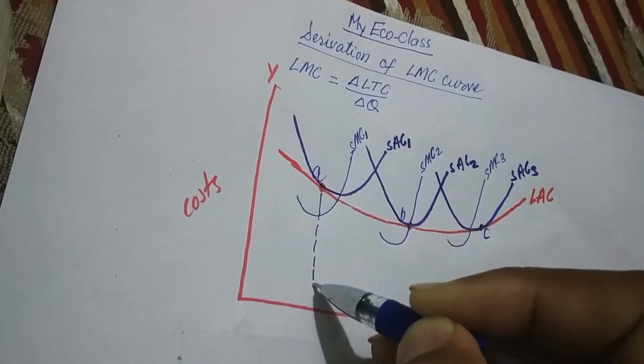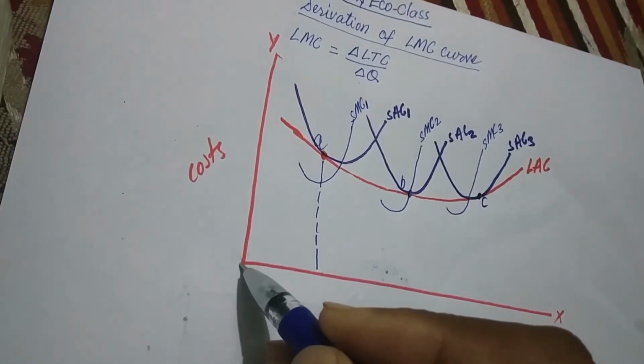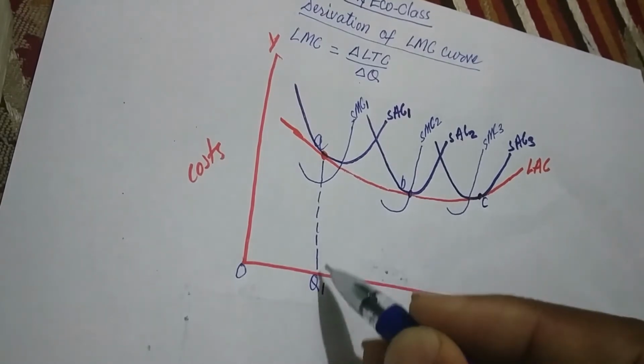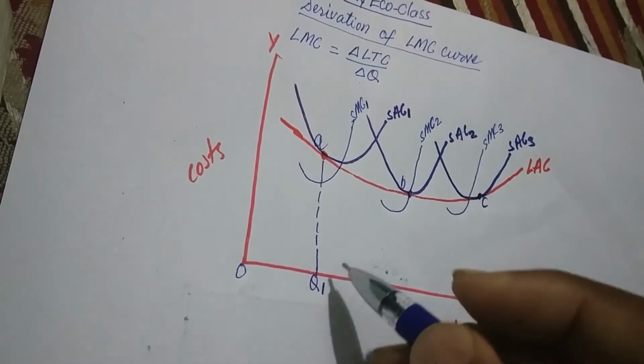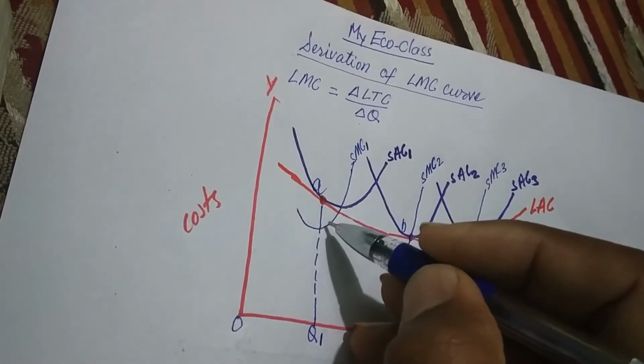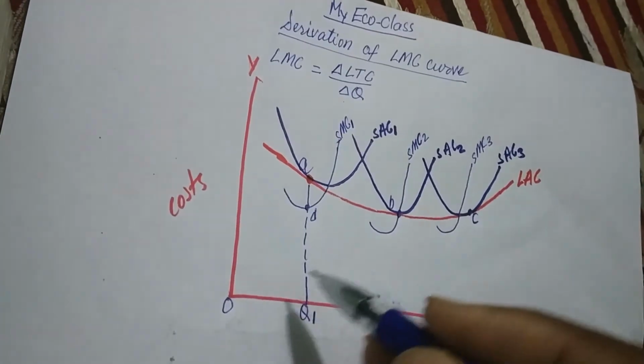Here, this vertical line shows the level of output equal to OQ1, and this level of output can be produced at short run marginal cost equal to dQ1.